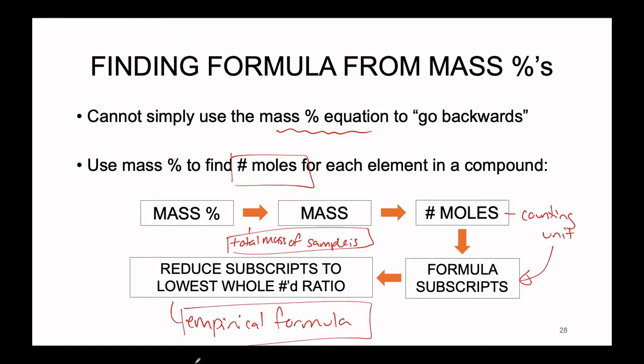Once we know the empirical formula, we know what the ionic formula is because they're the same thing. If, however, we are working with molecules, there's going to be an extra special step after this that we're going to talk about in a little bit to figure out the molecular formula as well. But I think just observing the first part of this flowchart is going to be enough to start with. So let's break down going from mass percent to numbers of moles, and from numbers of moles to the empirical formula.